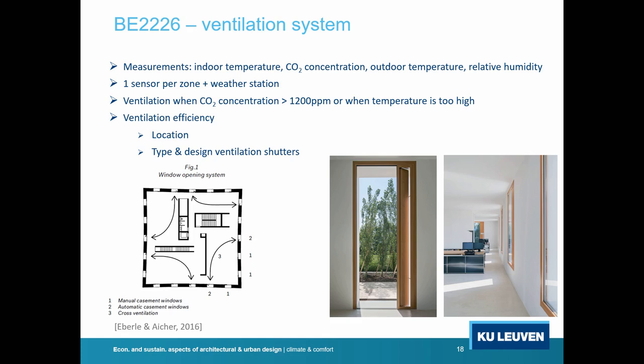Or when the temperature is too high compared to the outdoor temperature. That's why you need to measure both, because if the indoor temperature is too high, but outside it's even higher, it doesn't make sense to open the panels. So it's really the two parameters together that determine if the panels should be opened, yes or no.